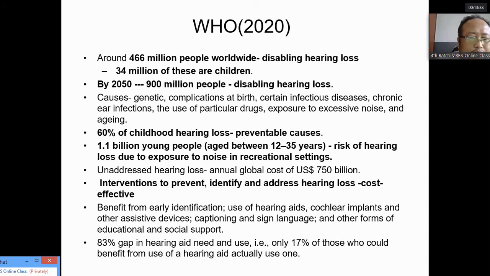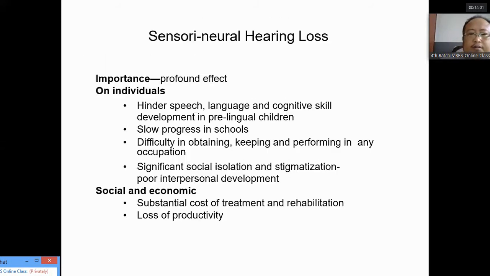So these are among the impairments of the people. Hearing loss is one of the disabling causes for patients. Why is sensorineural hearing loss important?